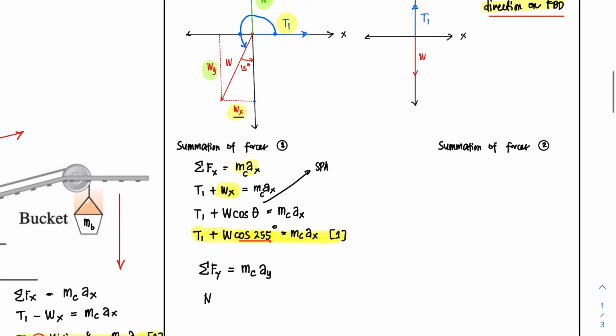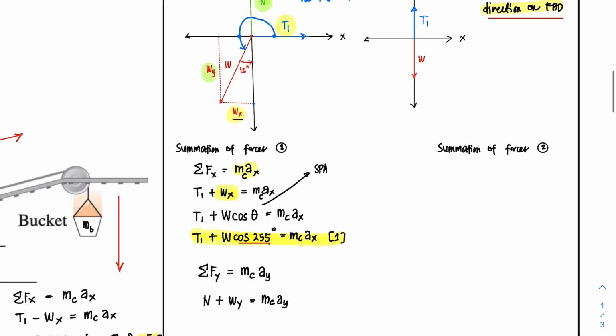And since I will be using SPA, I will just take plus W sub y is equal to mc a sub y. Okay? Now, ngano ganing akong gigamit lang ang plus W sub y even though it is on the negative y-axis, because I will be using SPA.